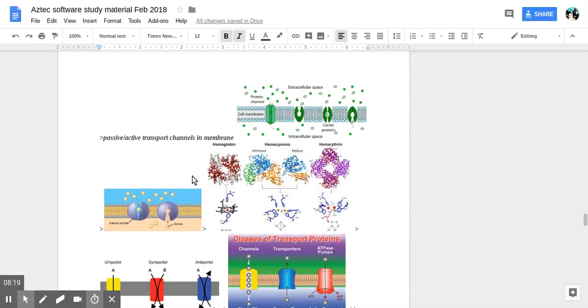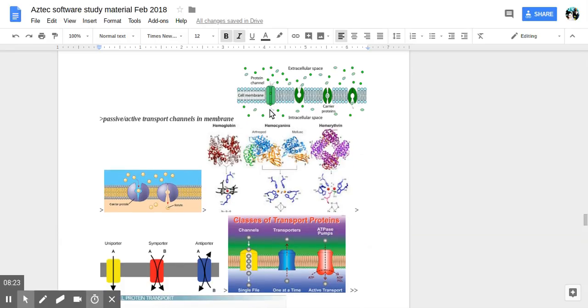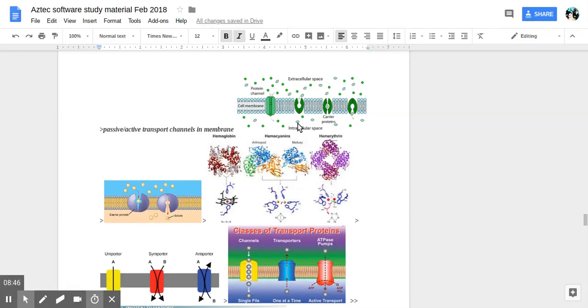And here I have some pictures, diagrams showing these transport proteins, which are across the channels in the membrane of the cell. So you have the protein channel. Through these proteins inside the membrane of the cell, different molecules can pass, either through passive diffusion or through active transport.